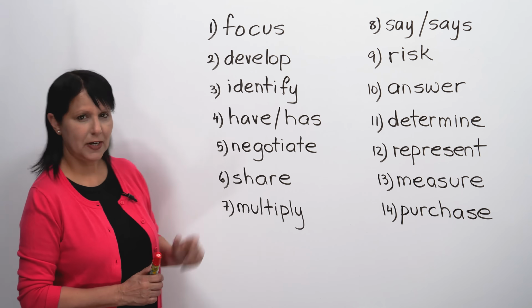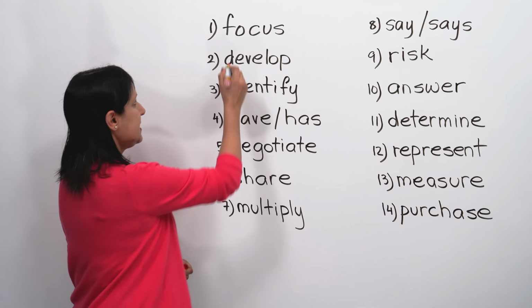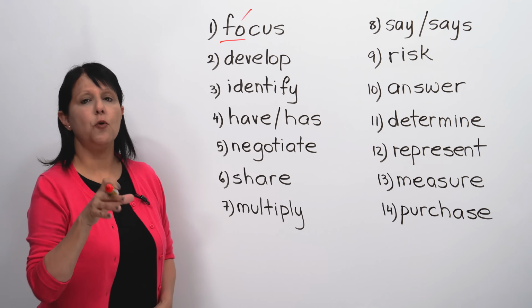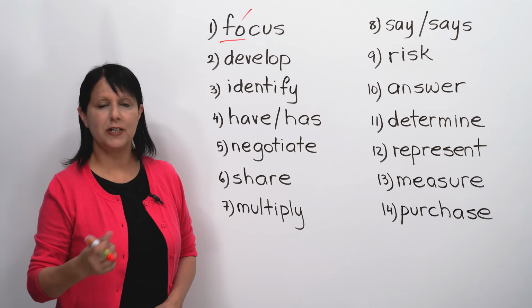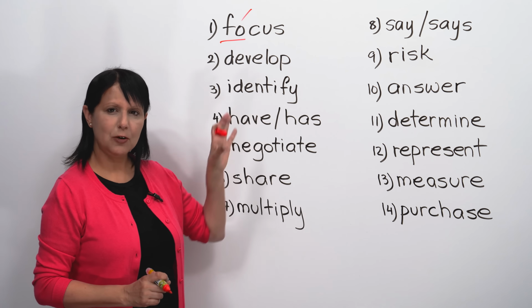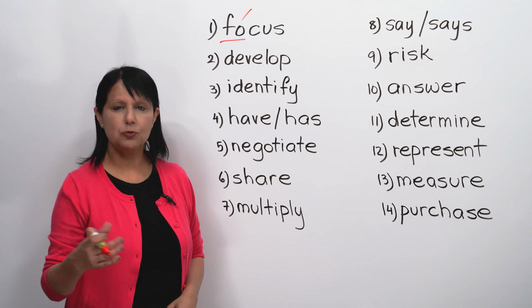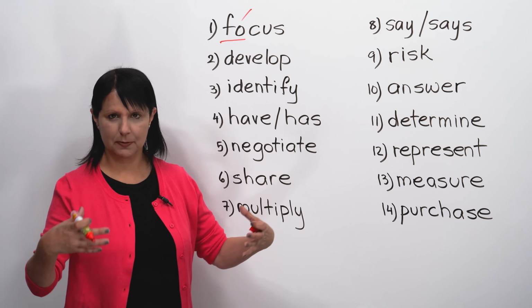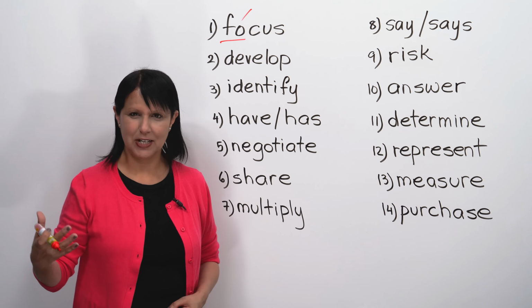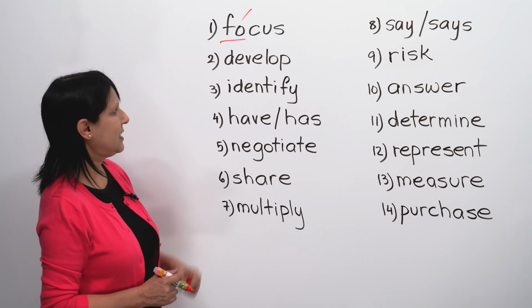So, the correct pronunciation of this word is focus. Focus. All right? Right now we're just looking at the words. After this, we'll also be putting the words into some sentences and practicing them together. Let's go to the next one.